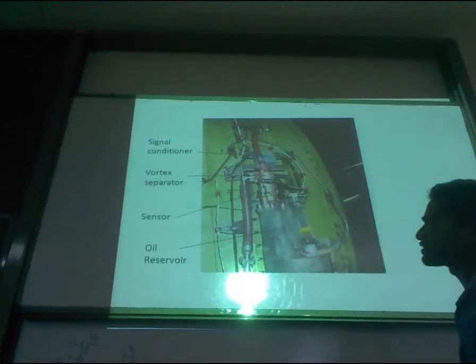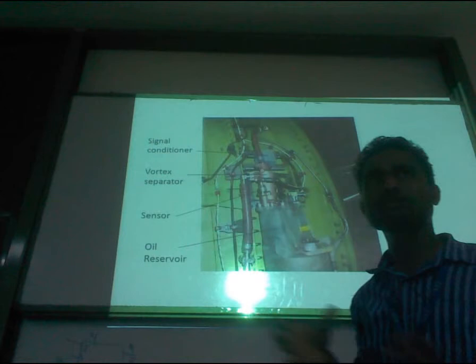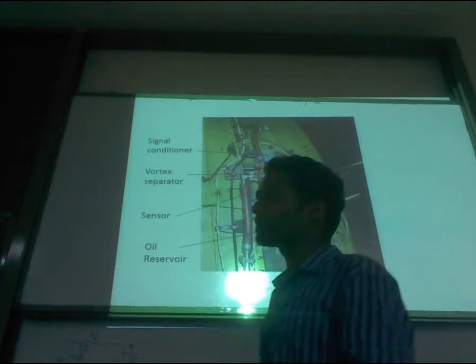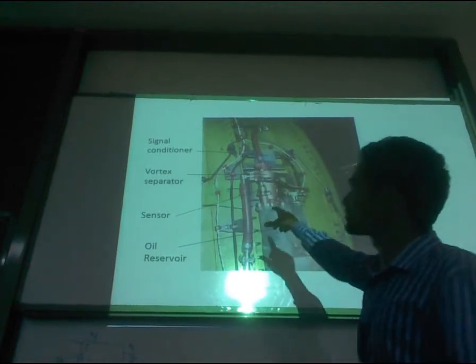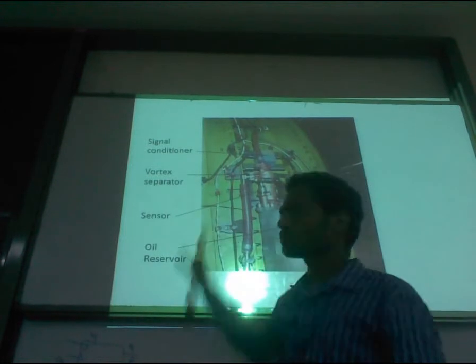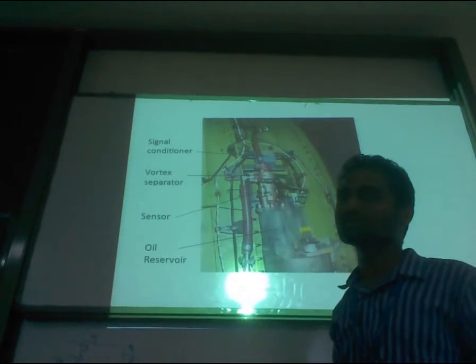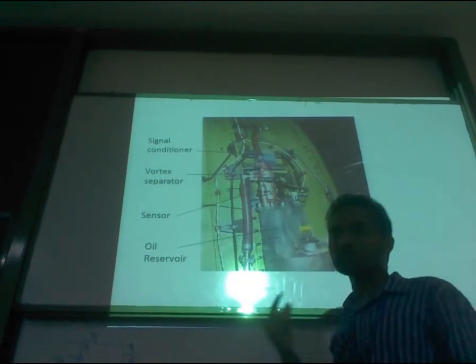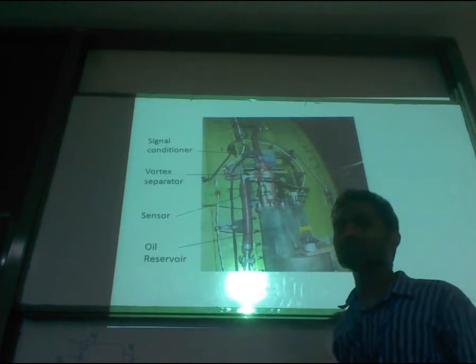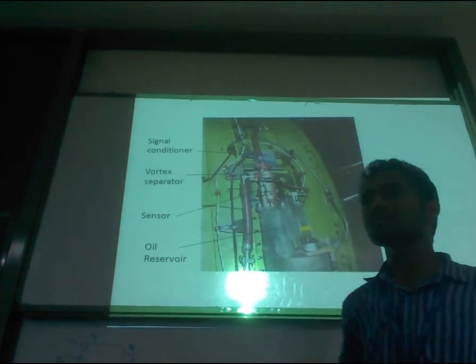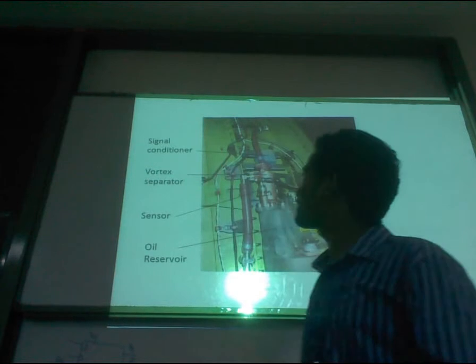The main function of the vortex separator is to separate the oil debris, and if any contamination is there, it also removes that. The principle of the vortex separator is that it rotates the oil at high speed, and whatever debris is present is thrown outside. That is the working principle.